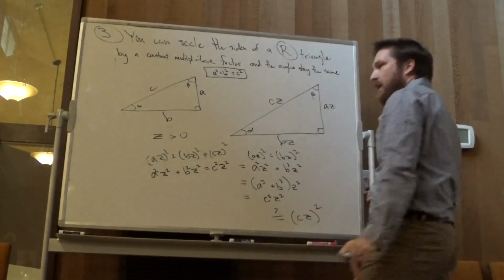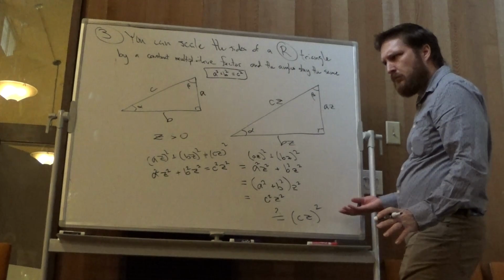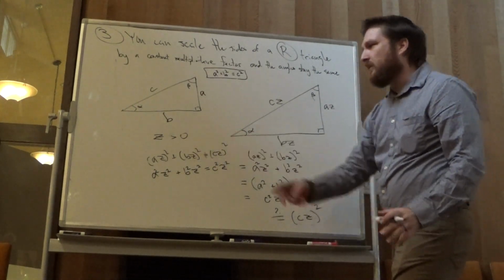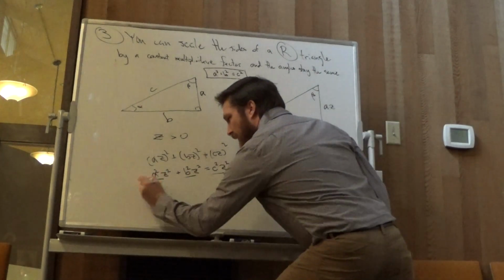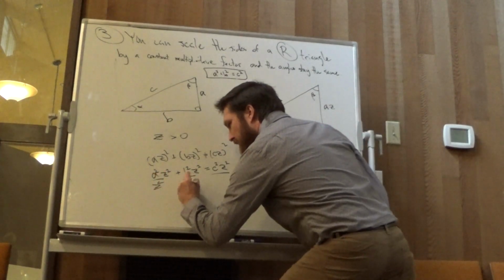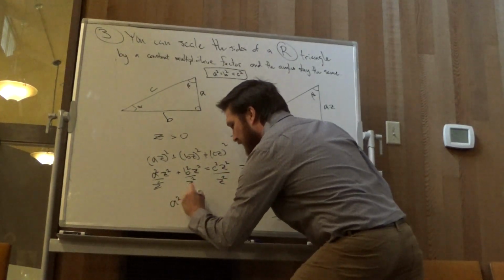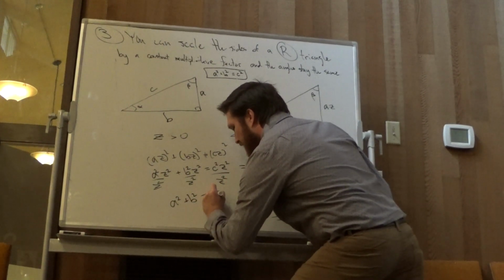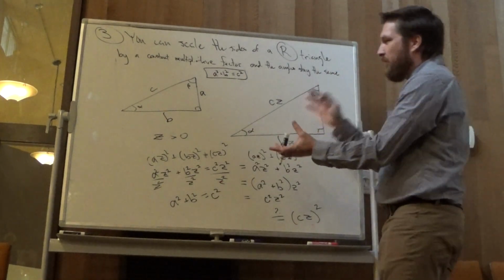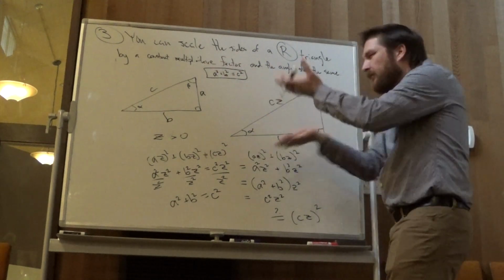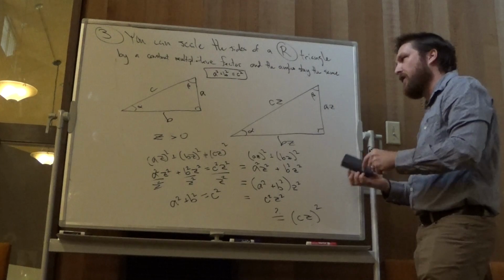Divide everybody by Z squared. Can we do that? Would we be dividing by 0? No, because we're not ever scaling this thing by 0, because then everything's going to fall apart anyway. So we can divide everybody through by Z squared, and we end up with this. And so it works in both directions. I'm just really wanting to beat that point home. It remains a right triangle.